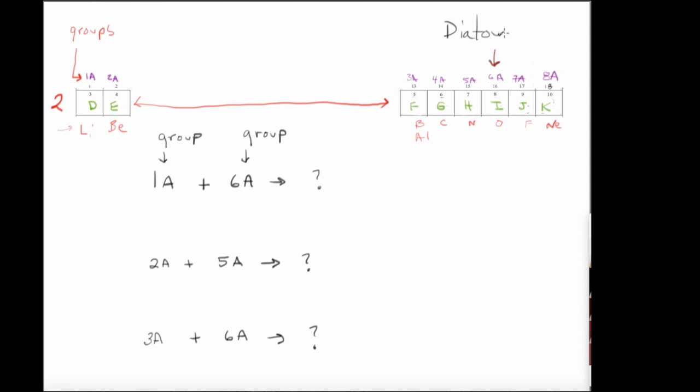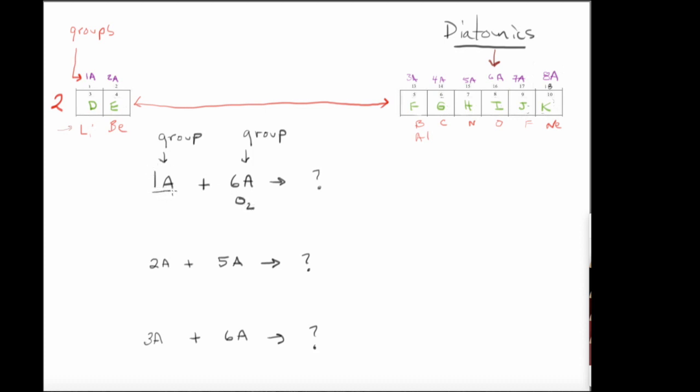If you're going to be writing chemical equations and balancing them, then you need to remember that any of the elements that are diatomic have to be represented that way. So for example, the 6A element here could be oxygen, and it would be written as a diatomic.